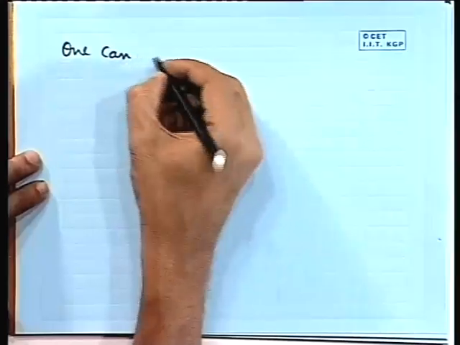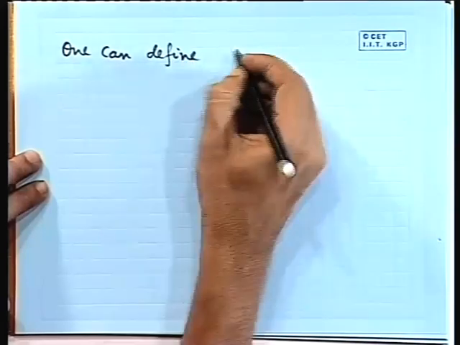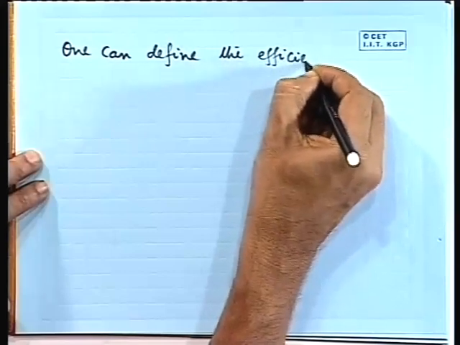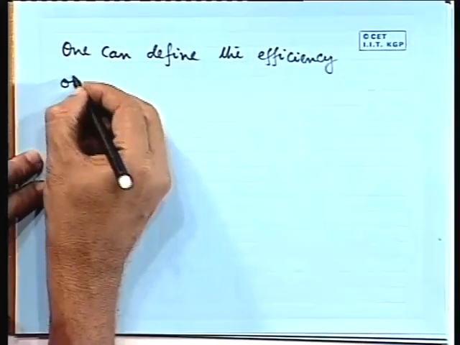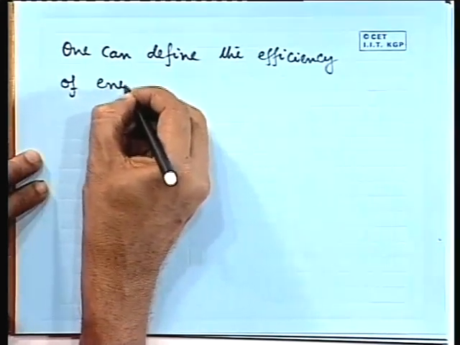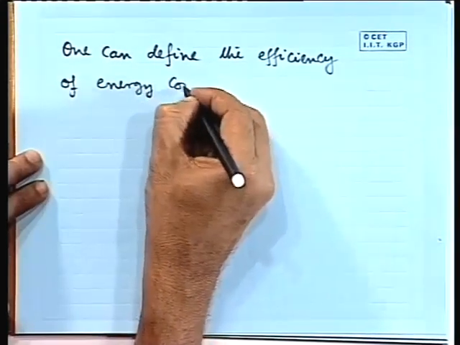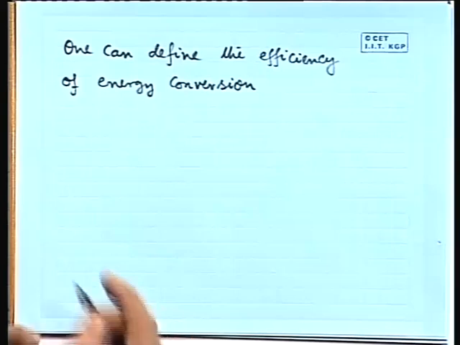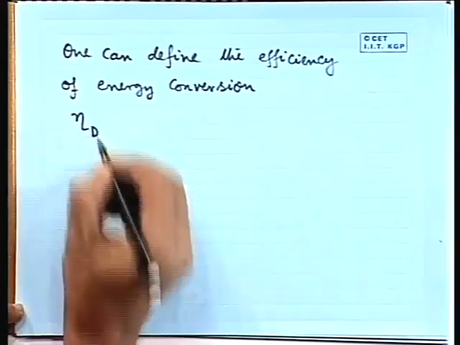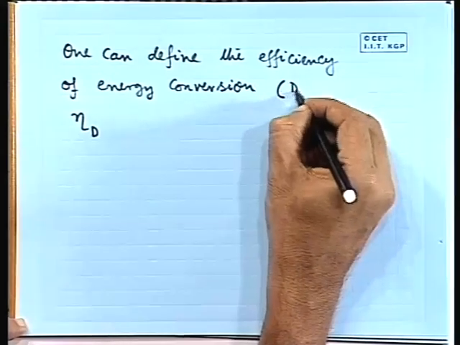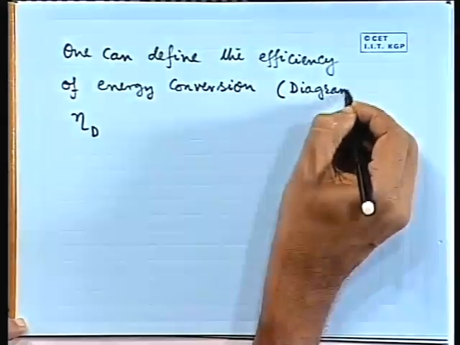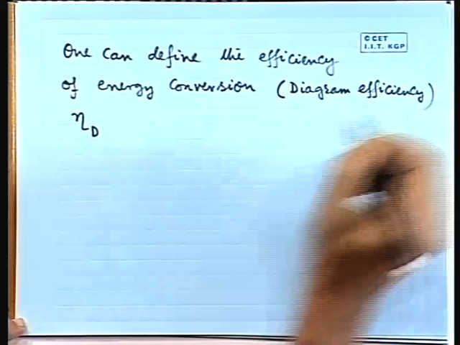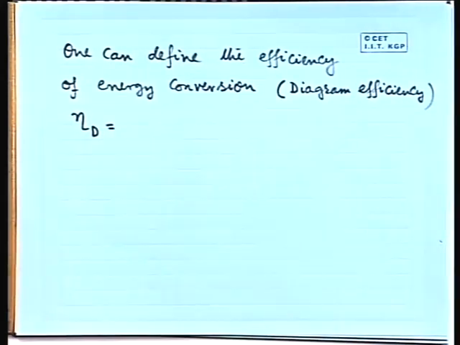One can define the efficiency of energy conversion, eta d, again sometimes it is called diagram efficiency. So, that is why I have denoted it as eta d.